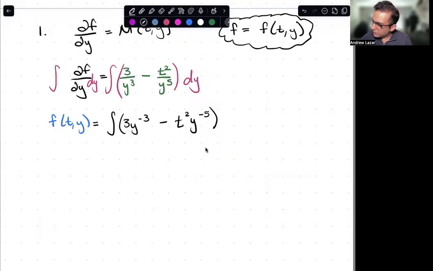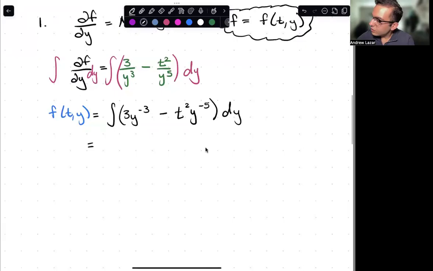And again, I just like considering the negative exponents for the purposes of differentiating or integrating. So integrating this term by term, the integral of 3y to the minus 3, we add 1 to the exponent and divide by that same number. So you should get negative 3 halves y to the negative 2.